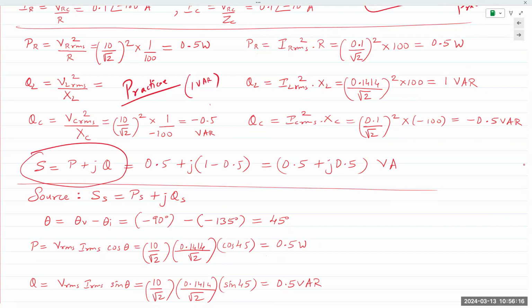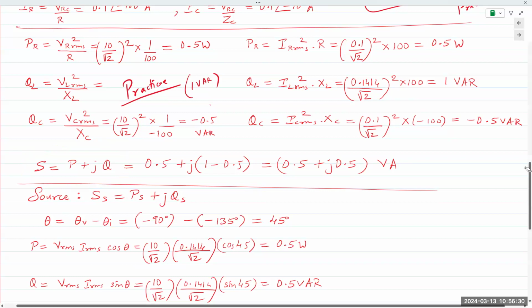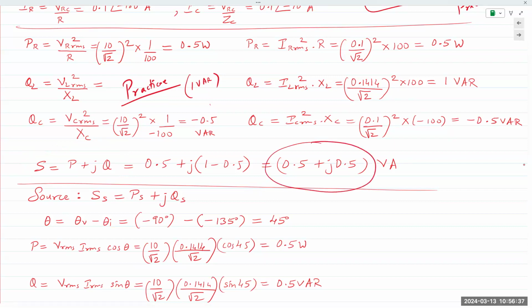P is 0.5, or basically if you have multiple resistors in the circuit, you add up all of those resistors together, and that's the total real power. So PR1 plus PR2 plus so on and so forth. Here we have a single resistor, so it's just P plus JQ. Q is 1 minus 0.5. The resulting answer is 0.5 plus J0.5.